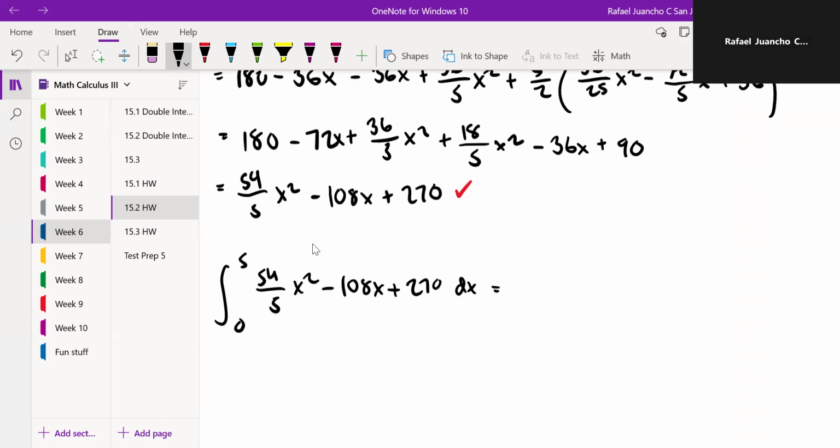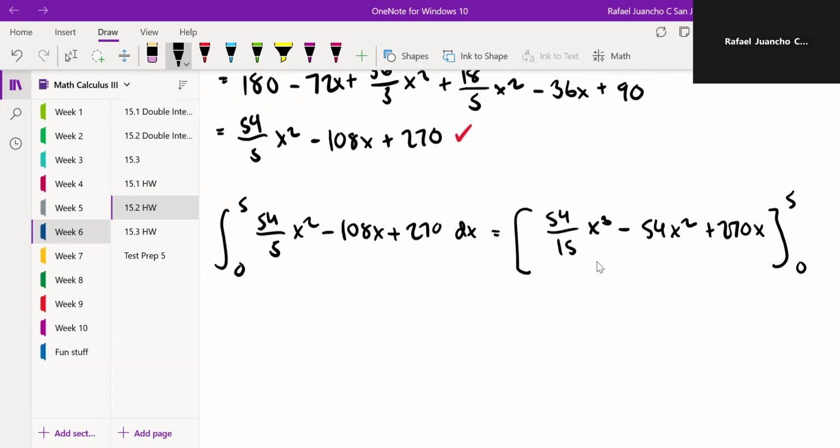dx. So how would this look like? This is x cubed over 3. This is going to be 15. And then this is 108 over 2, that's 54 x squared. And then this is 270x from 0 to 5. Then I just plug in everything 5 related, and I should be good to go.